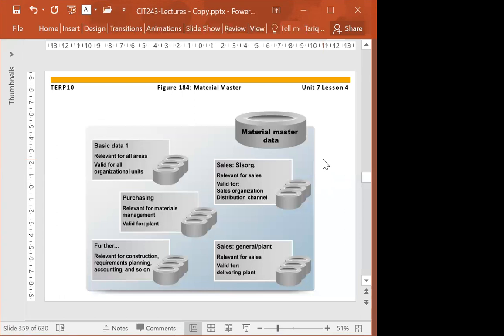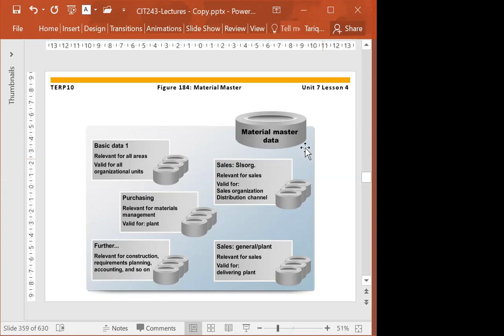It has MRP views for material requirement planning, accounting views, quality assurance screens, and purchase screens. So it has so many screens.